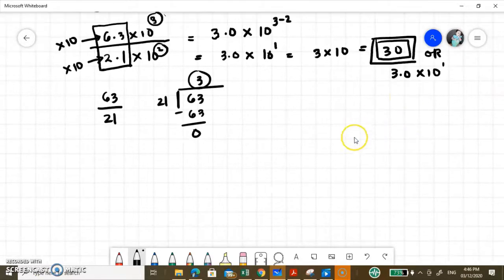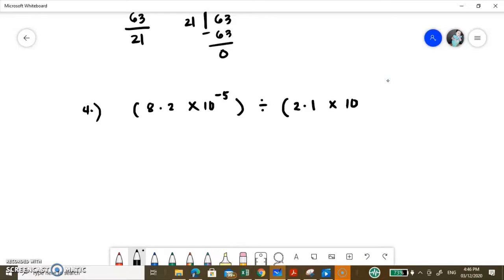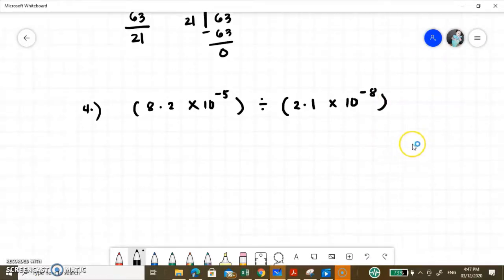Let us have one last example for division. Okay, if you have, say, 8.2 times 10 raised to negative 5, you're asked to divide it with 2.1 ulit times 10 raised to, say, negative 8. Okay, sample lang.